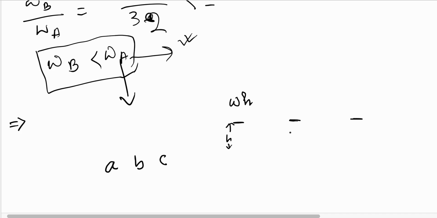In the second case, since it is upper from the first by a height h, it will be 2h, so its energy will be 2 omega h, and the third is another h higher, so it will be 3 omega h.